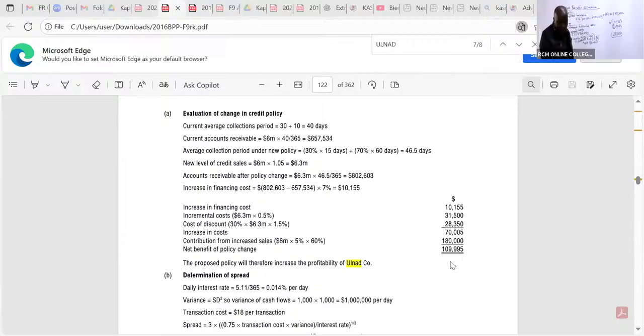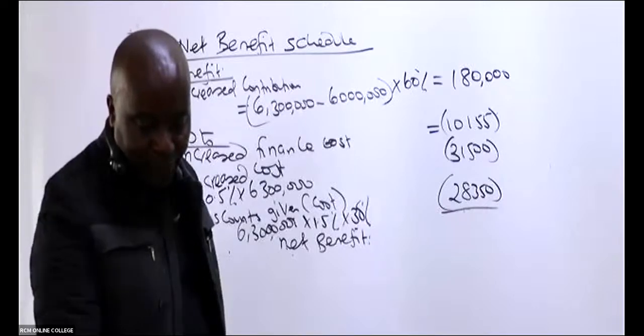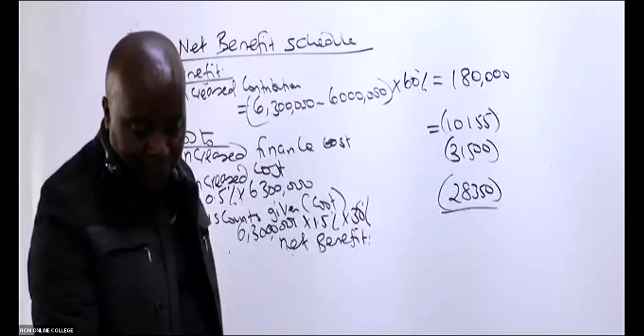So the answer given to us by ACCA is a net benefit of 109,995. Then the proposed policy will therefore increase the profits of the company. And there we are together. We recommend the policy.